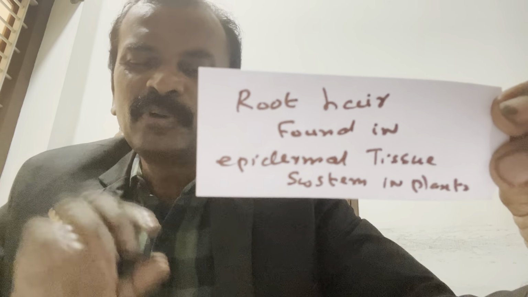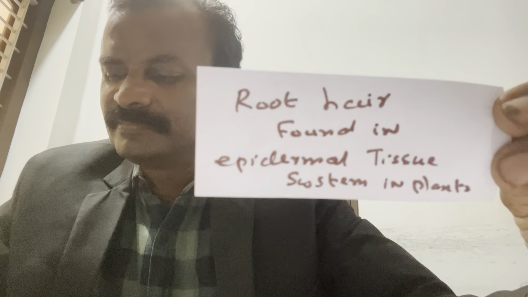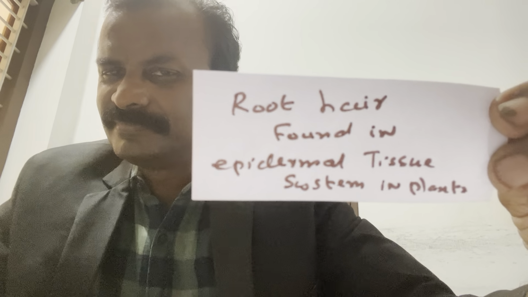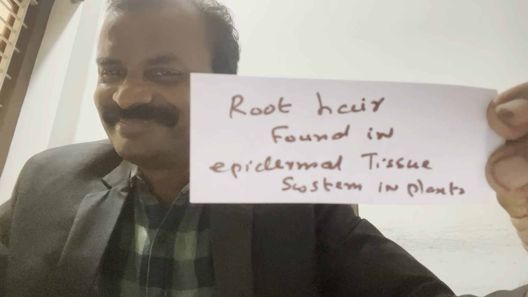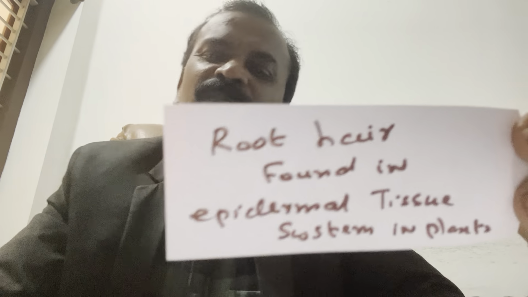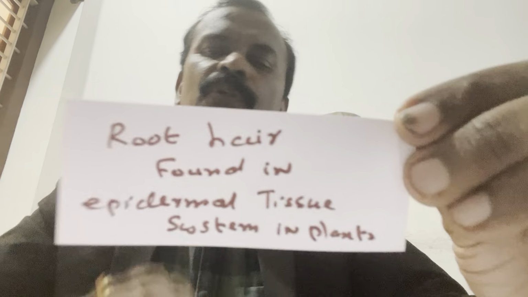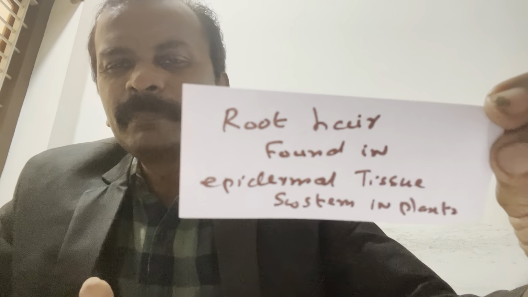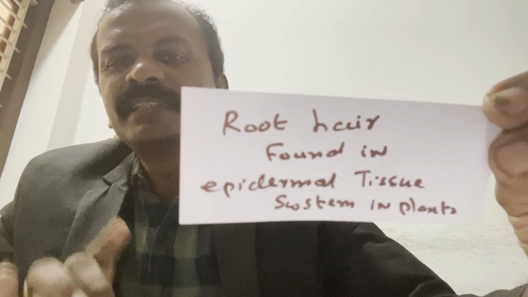Is root hair found in this category? Very tough MCQ. You must know the answer is a true statement. So root hair is always related to the epidermal tissue system is a correct statement.